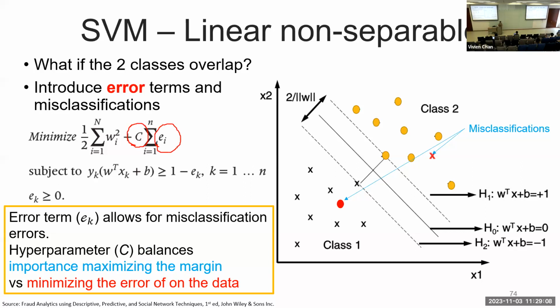By adjusting the hyperparameter C, you affect the margin: you will have a larger margin or a smaller margin. So you want to find a balance between having a maximal margin and minimizing the misclassification error. This is one of the hyperparameters we want to tune if we are performing SVM.